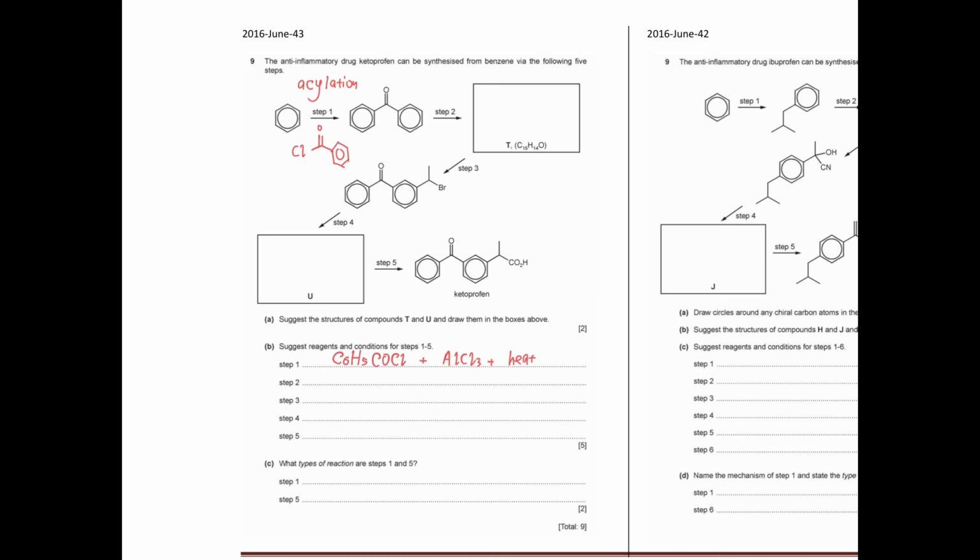So how do we add 2 extra carbons? You have to think of alkylation. Alkylation is to add carbon. What kind of alkylation? The next steps will give you some idea. You may add something on this side, and after that, you add bromine to it later. Here there is no bromine, here bromine is there.